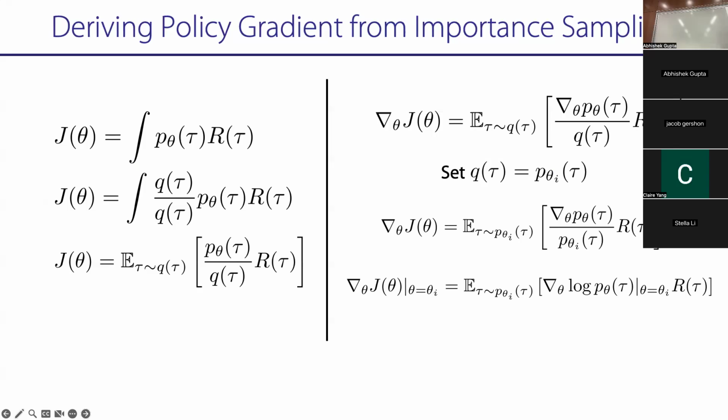So the point here is that when we take the gradient of this objective and evaluate it at theta I, it gives you the same thing as policy gradient. It's another way to derive policy gradient: write it as an importance sampling objective and evaluate it at your current policy.